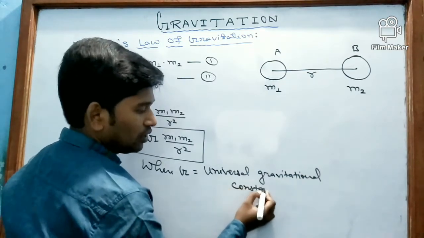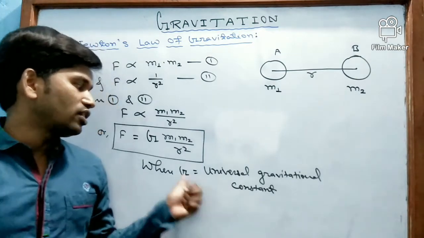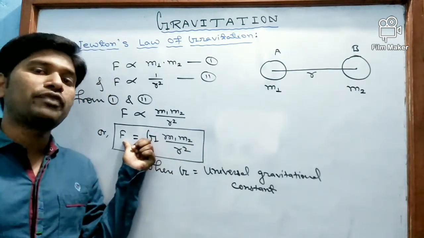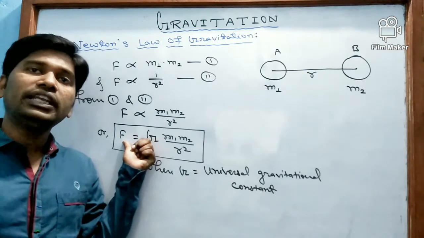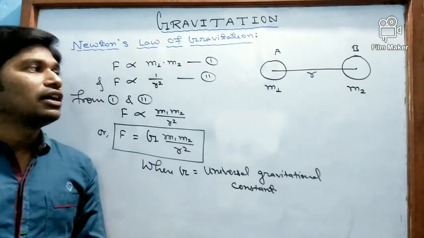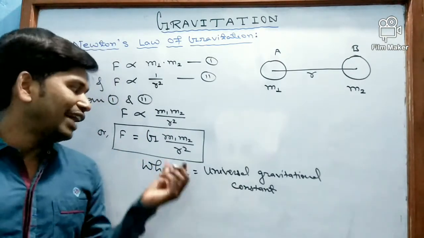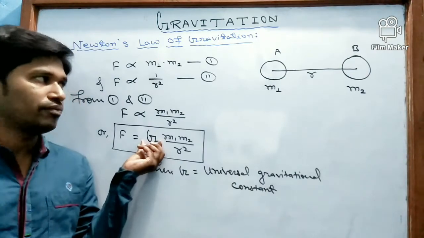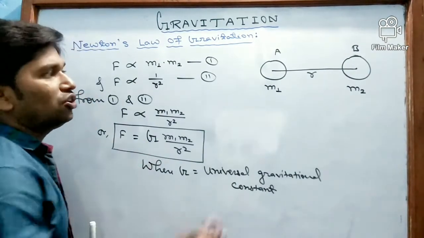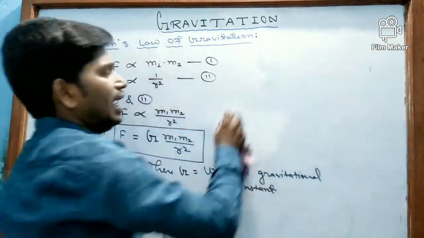So this G is called the universal gravitational constant, and this is the formula for gravitational force or force of attraction acting between any two bodies of the universe. Let us see the unit and value of this G. As I said, G is a constant, so it has a fixed value.